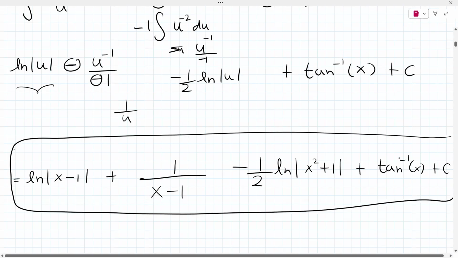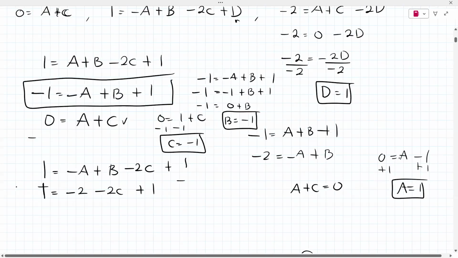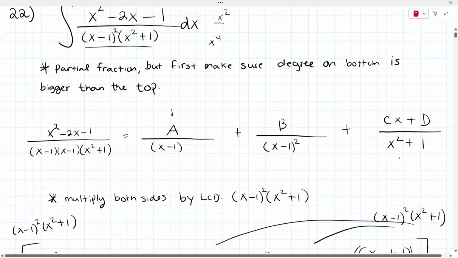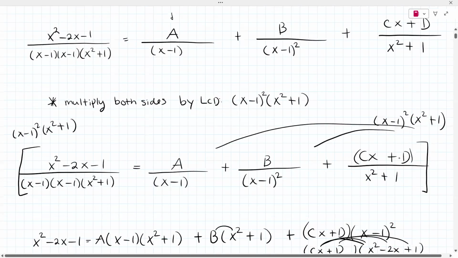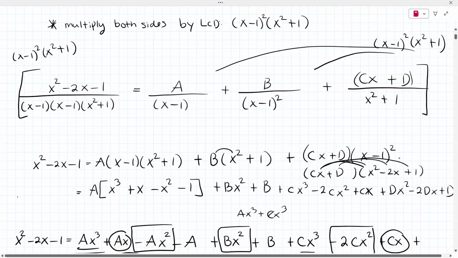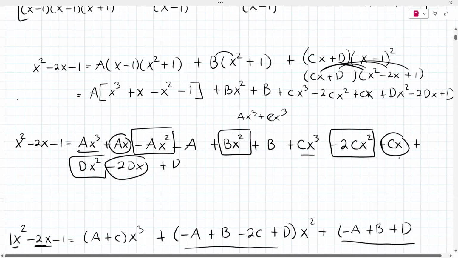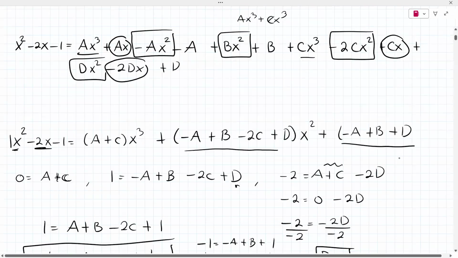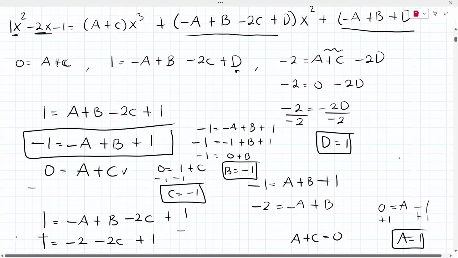So just a little recap, what we did was we had to use partial fraction decomposition. And then we got rid of the fraction by multiplying both sides by the LCD, boil it out a bit, and then line them up, right? X squared goes with x squared, x goes with -2, the constant goes to -1. Somehow use what you know.